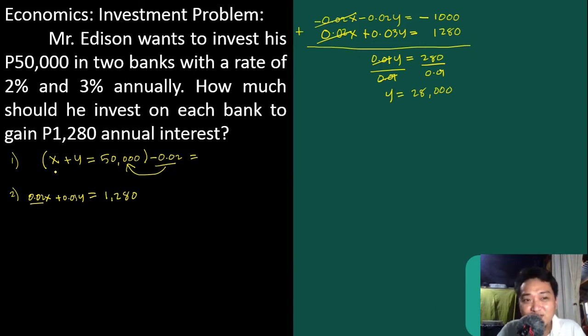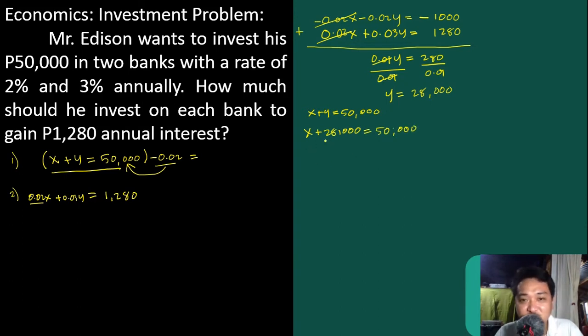Ano naman yung value ni x o yung una nating investment from the first bank? So, ang gagawin natin, gamitin na lang natin to. Ito yung pinakamadali. X plus y is equivalent to 50,000. Then, since the value of y is 28,000, so that is x plus 28,000 is equivalent to 50,000.